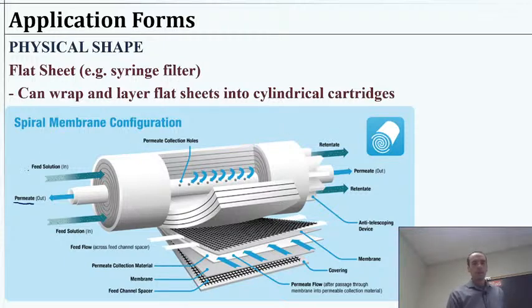We see the feed is coming in to the middle in between the layers. So it's being driven on one side in between the layers, but not inside the core. So if it wants to get inside the core, it has to pass one of the layers. Then it will find its way into the core as permeate. So it's a little bit complicated how it's all set up, but it does work.